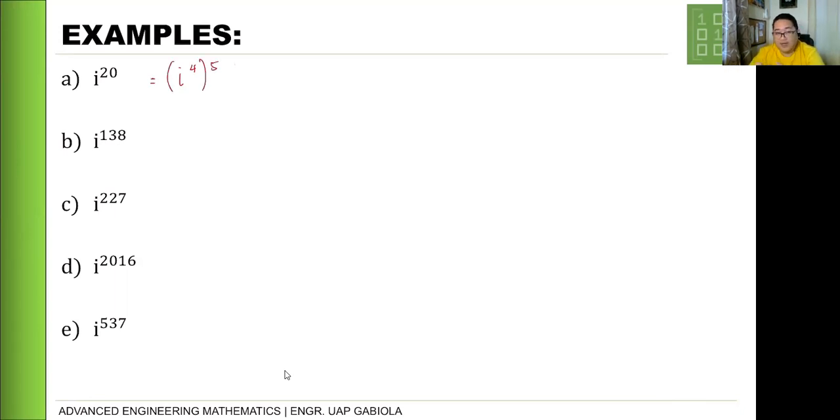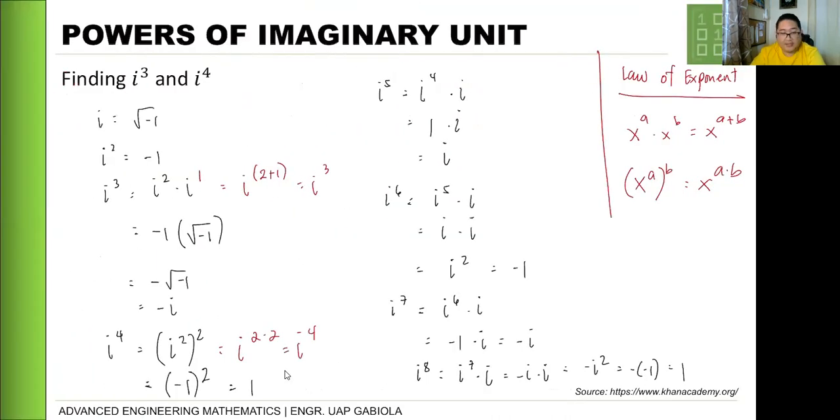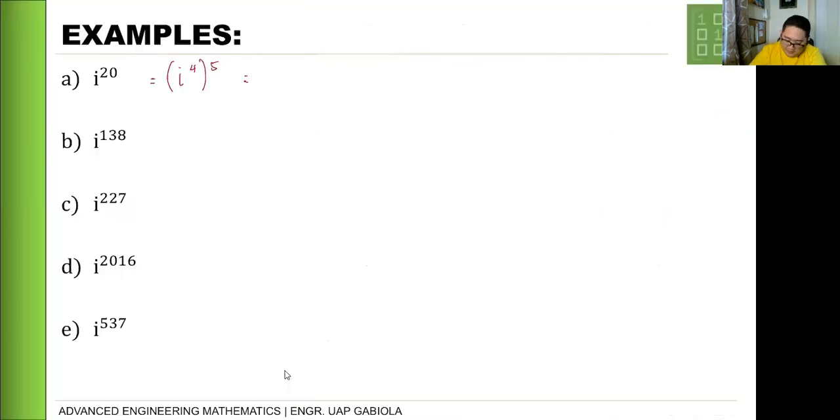Okay, para multiply yung exponent natin. Tama ba? And then we can rewrite i to the 4 as equal to, from our analysis dito, i to the 4 equals 1. So dito magiging siyang 1 raised to 5. So 1 raised to any number will be equal to 1. Okay? So ibig sabihin si i raised to 20 ay equal to 1.